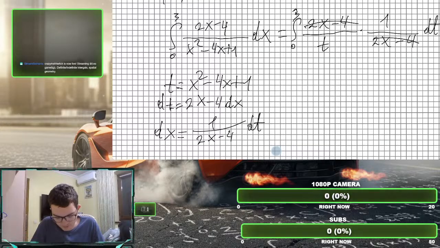The previous one, or the one from the previous exercise.